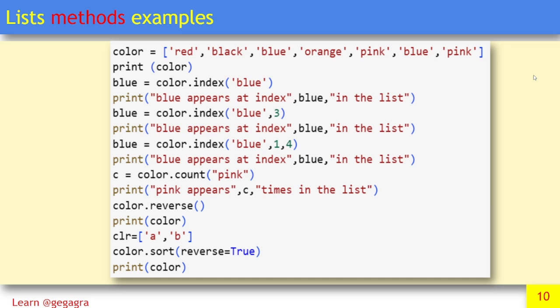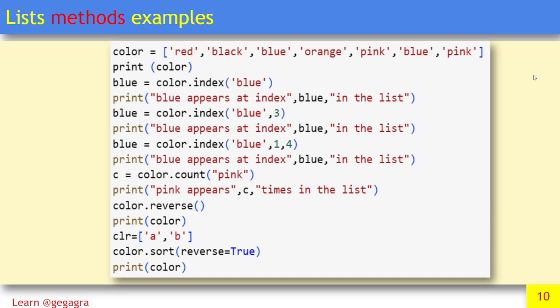And when I say color dot index blue between 1 and 4, meaning 1 2 3 4, it will give you 2 again, 0 1 2, because the fourth is pink.